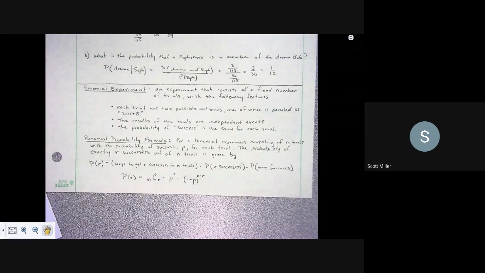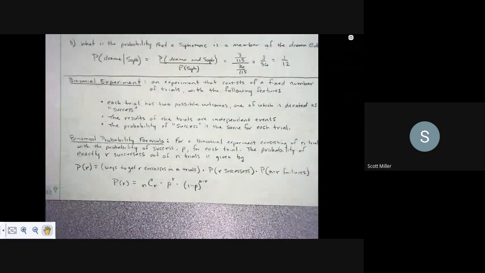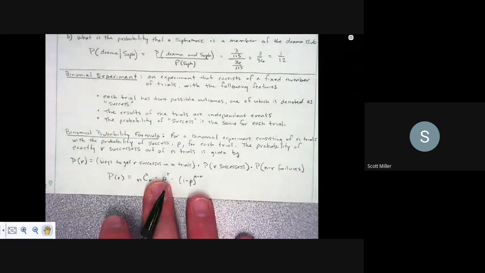Each trial has two possible outcomes, one of which is denoted as a success. The results of the trials are independent events. That means each time we do it, it's independent. And the probability of success is the same for each trial. So in other words, the probability can't change each time I do a trial.